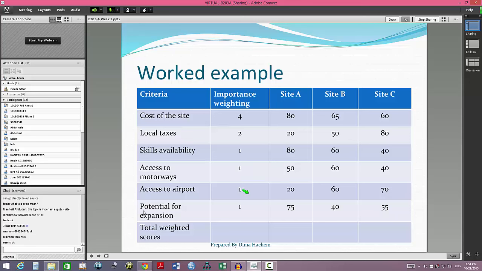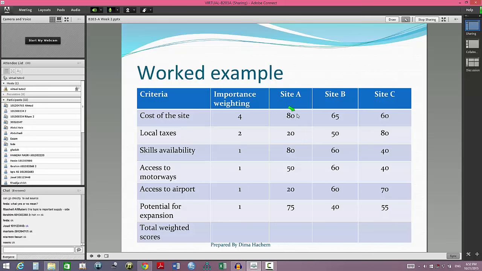So here, site A, site B, and site C have some scores based on our research. For example, the cost of the site: the cost of site A is 80. And this 80 can be, for example, 80 million, 80,000, or 80 billion.